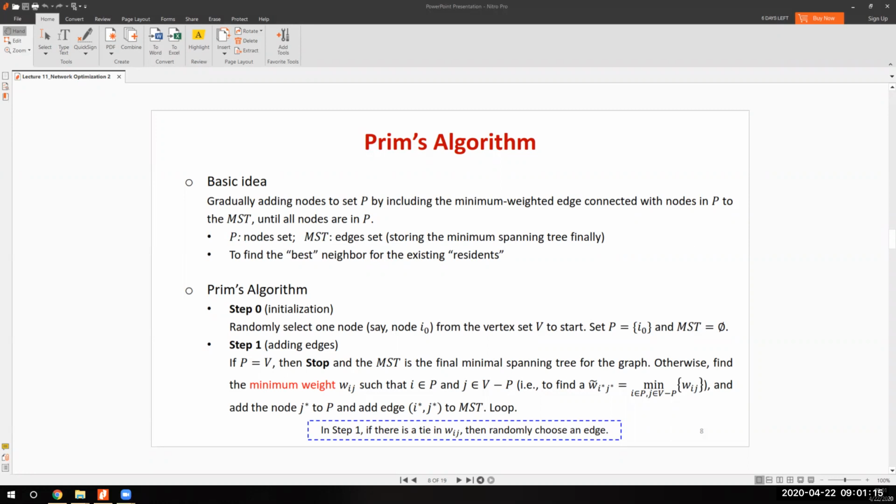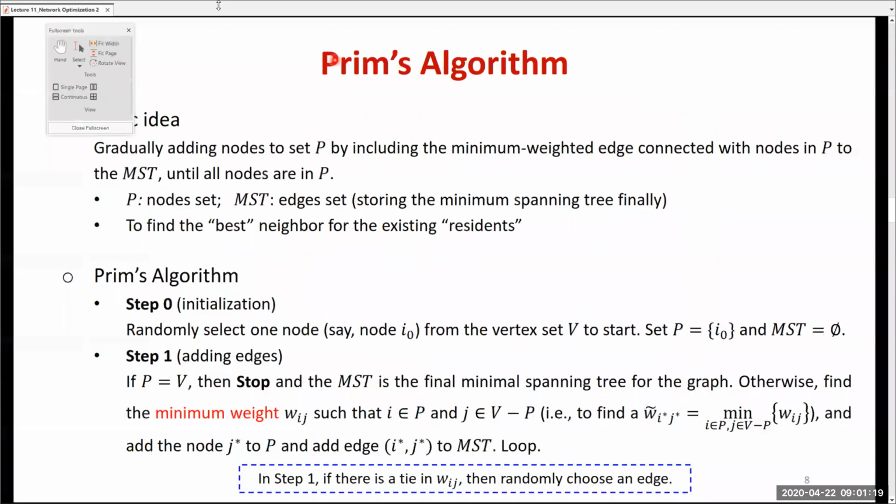Okay. So in the last class, we mentioned Prim's algorithm. In the beginning, let's have a very brief review about it. In Prim's algorithm, we gradually add nodes to P and also put the edges into the MST.